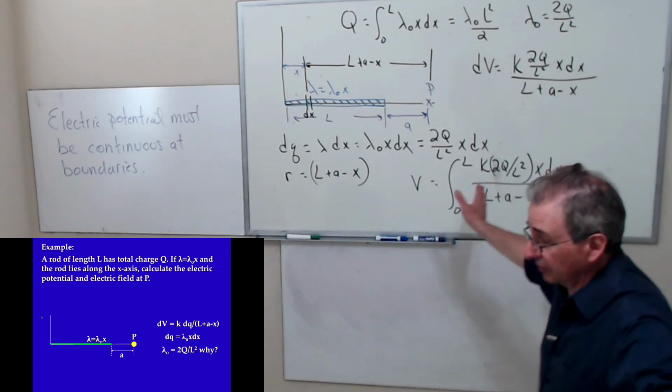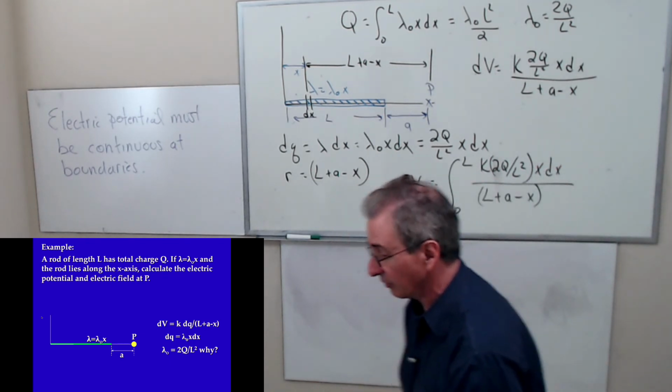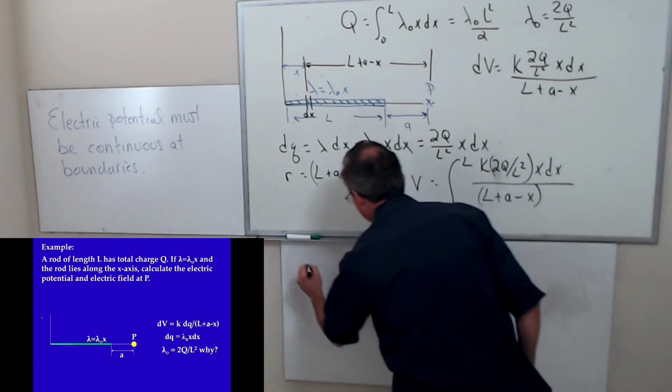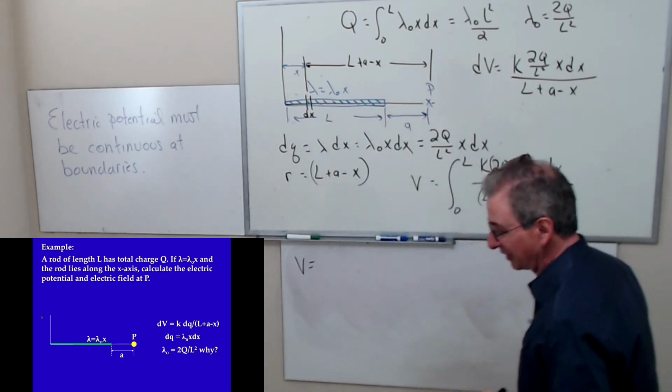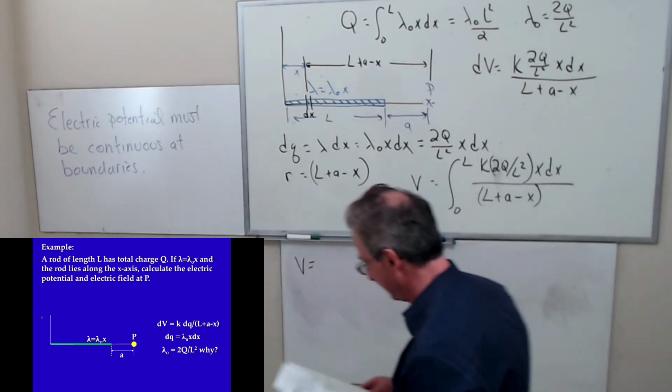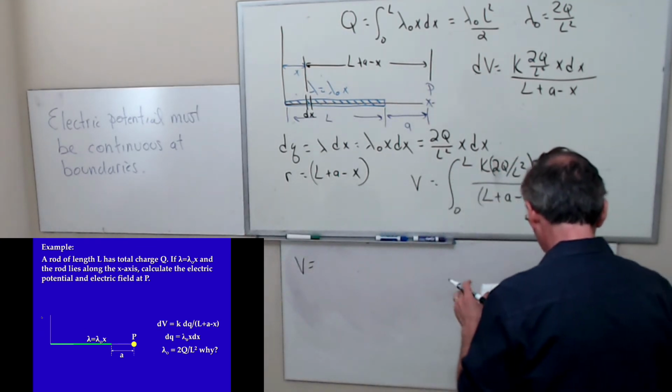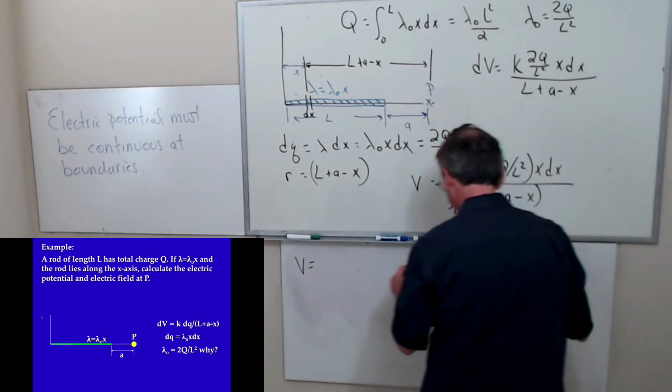That's it. Once you're at this point, you're okay, and the rest of it is just doing an integral. If you work out the integral, I'm not going to bore you with the details of the integral. I'll just give you the final answer.